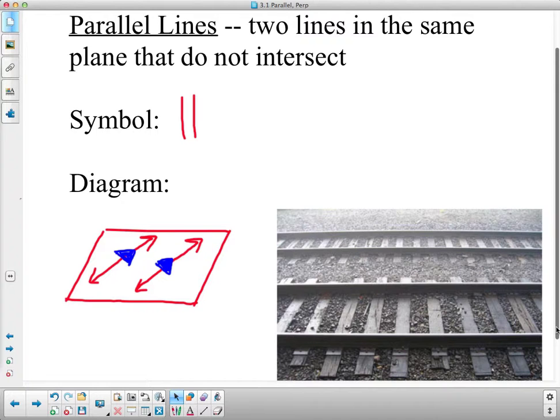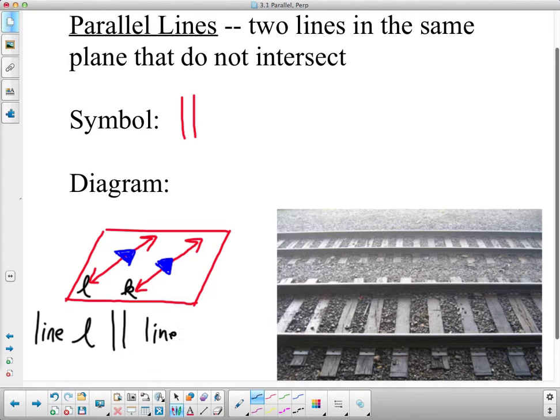So even if I haven't drawn it exactly perfect, the arrows clarify that my intention is that they're not going to intersect. To use that symbol, if this were line L and this were line K, I could say line L is parallel to line K.